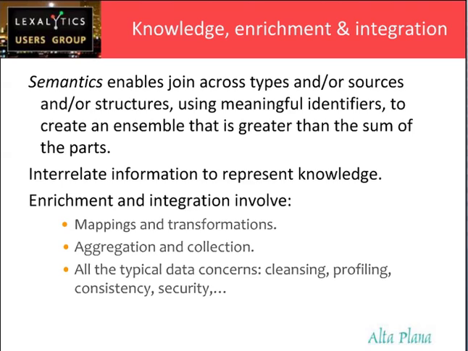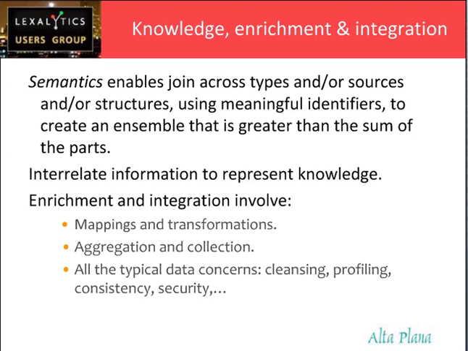So in this case, I start off with my own little definition of semantics. Other people will give you their own definitions of semantics. In this case, it's a functional definition, what semantics does for you. I'll read it: semantics enables join across types and/or sources and/or structures.